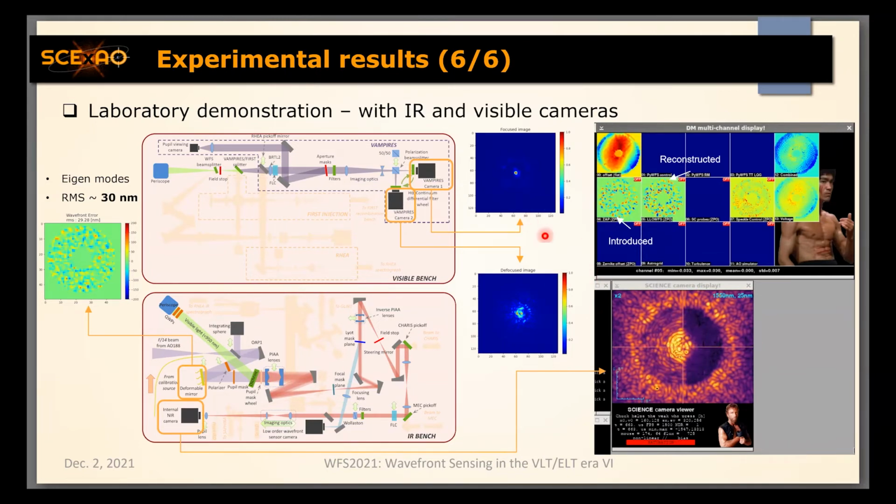Using the trained model and those two visible images, I reconstructed the wavefront map and put it on DM channel 5 to remove the speckles. As you can see here, using this method, I could successfully remove speckles in the dark hole of the IR image.